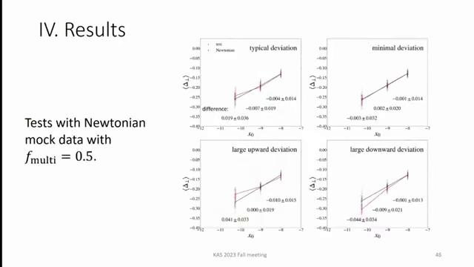Okay, this is the test with the Newtonian Monte Carlo data, and this is the scatter one expects. If the gravity is Newtonian, then you expect your observed deviation can be higher or lower, something like this.